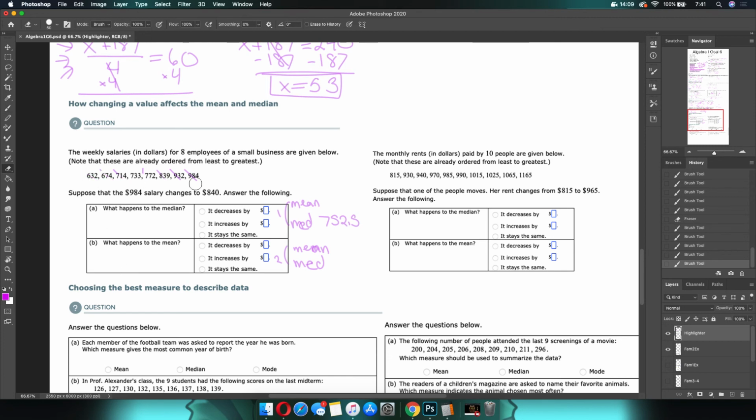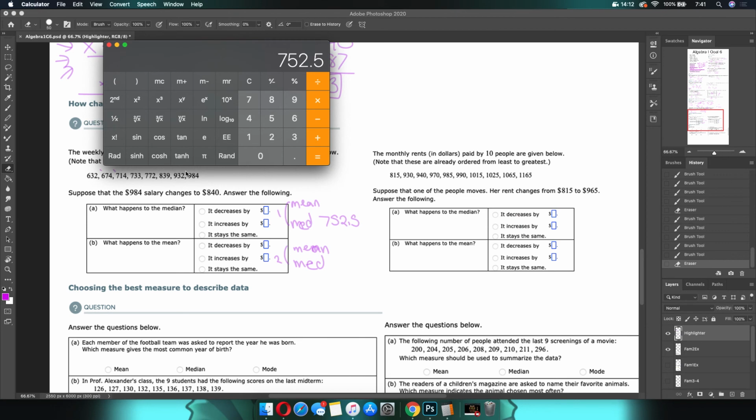Let's do the mean for the next one. So do I need to move my calculator? No, I don't. So 632 plus 674 plus 714 plus 733 plus 772 plus 839 plus 932 plus 984 equals.